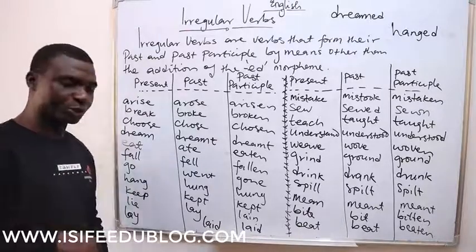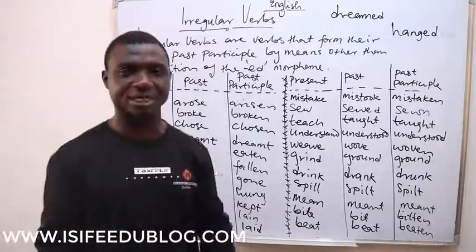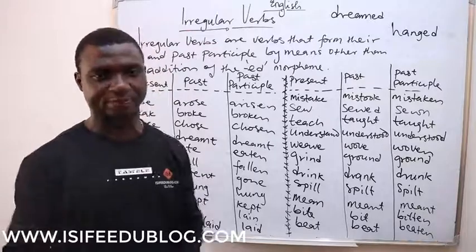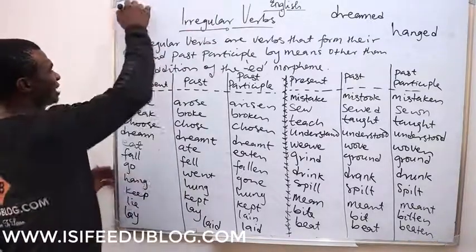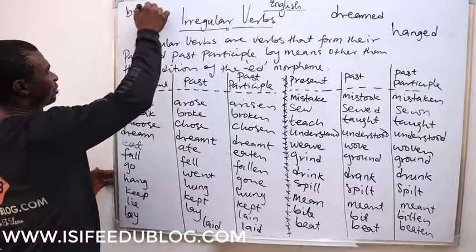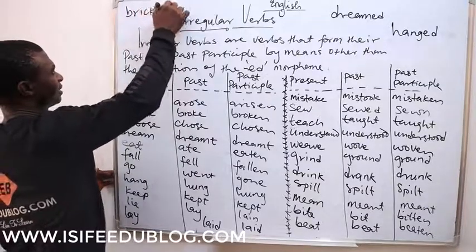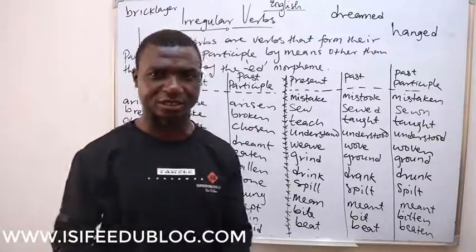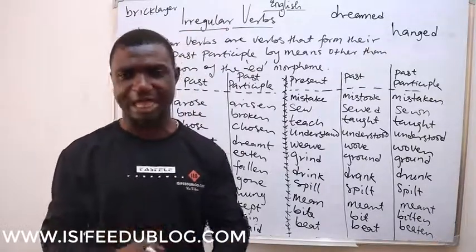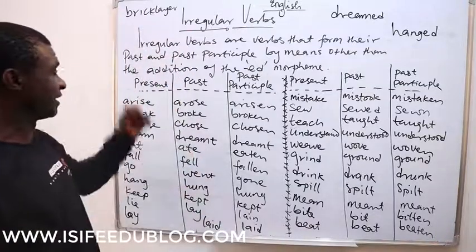Lay, to put somebody else or something else down quietly or gently. That's where we get the word bricklayer from. The person who gently drops blocks one after the other to build a house is a bricklayer.